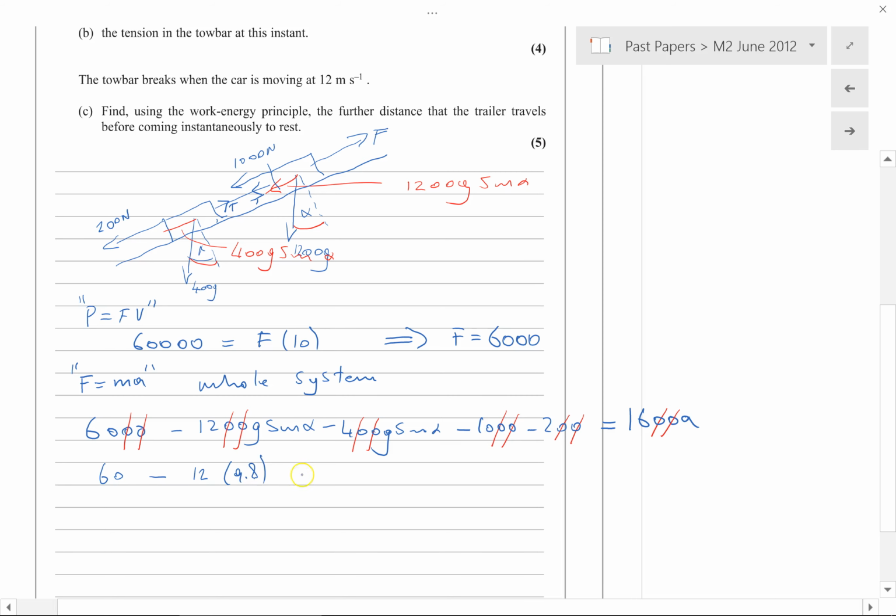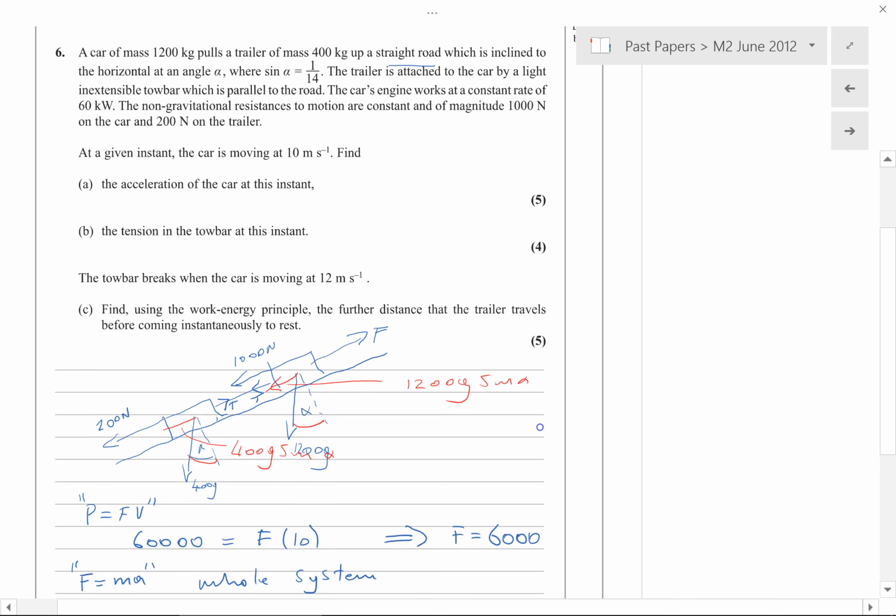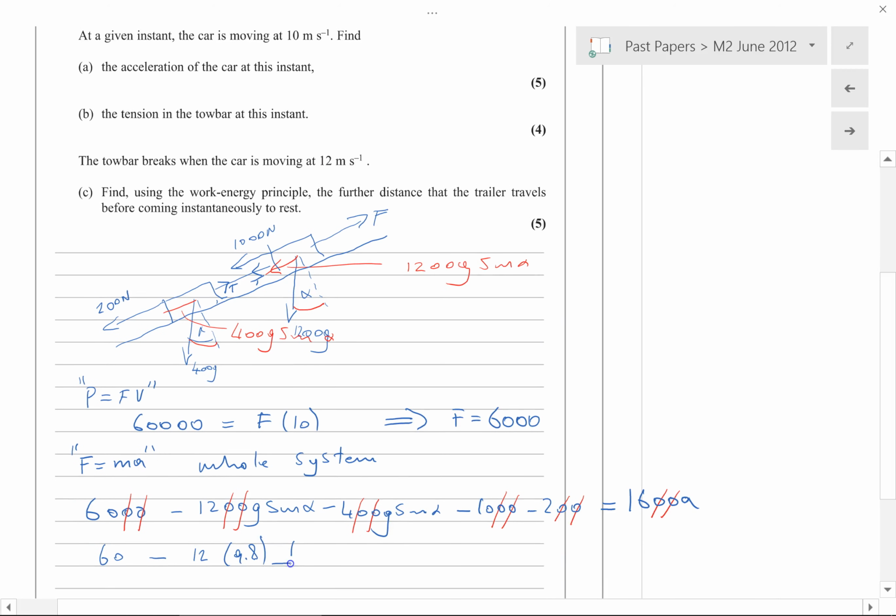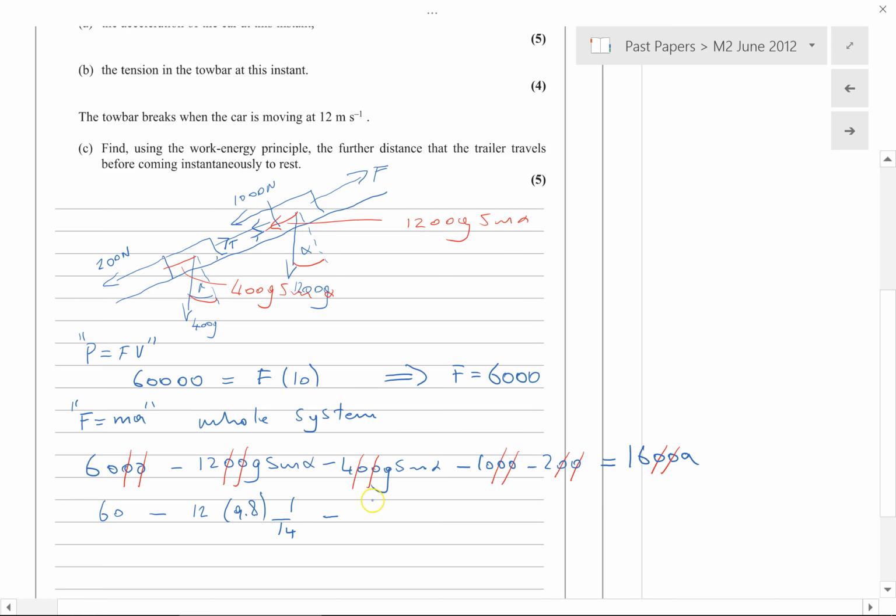Now sine alpha is 1 out of 14, I think. Unless I'm thinking about, yeah, it's 1 out of 14. Minus 4 times 9.8, 1 out of 14. Now I can combine these two, which is minus 12 is equal to 16a.